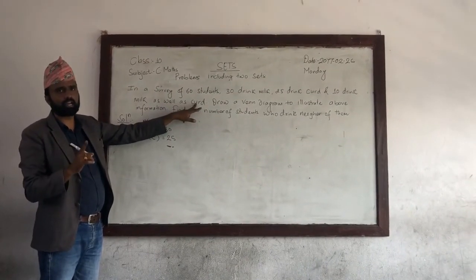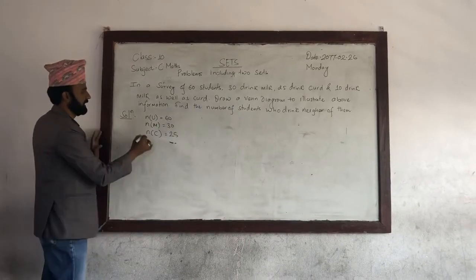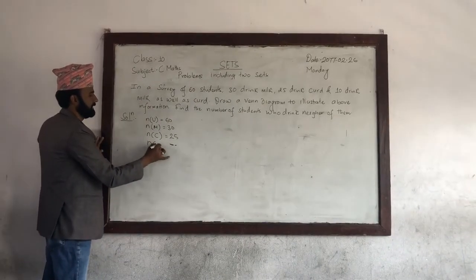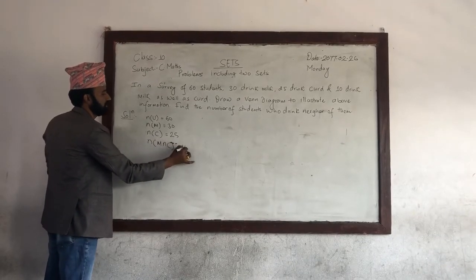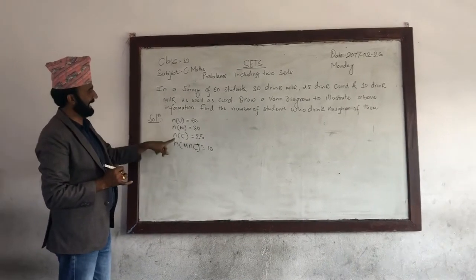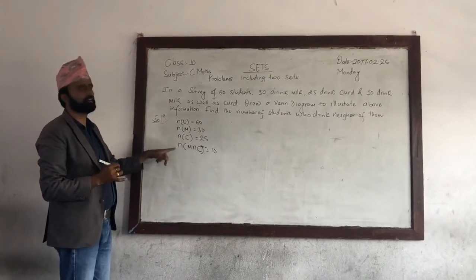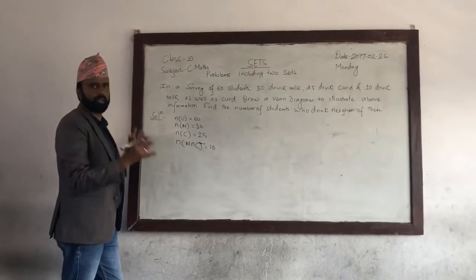They are common to milk and curd both. That is written like this: M intersection C is equal to 10. According to the question, we are going to illustrate this information by using a Venn diagram. Let me draw the Venn diagram here.